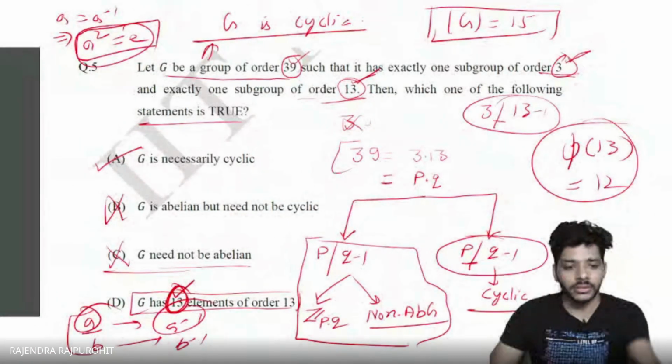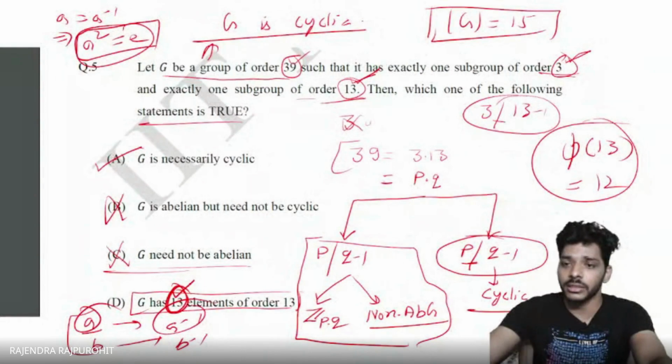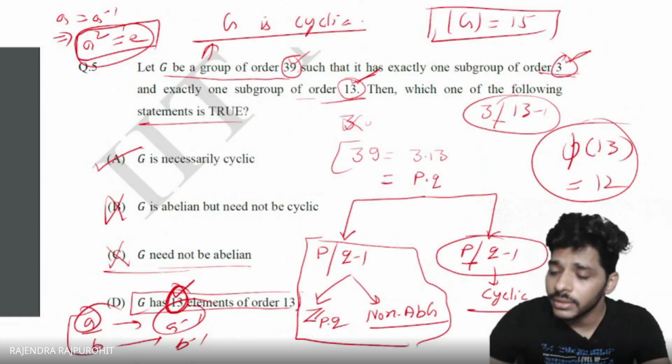Is there anyone who wants to ask any question from this? Doubt here. Yeah. You said that for every a, there will be an a inverse. Yes, for every element a, we'll have an a inverse in a group. But a squared will be e only if a is equal to a inverse, right?